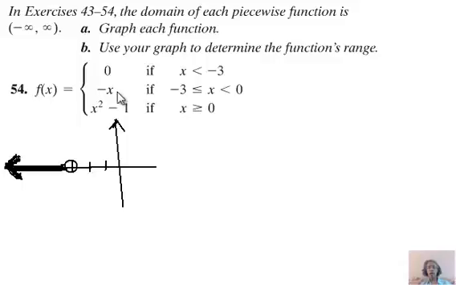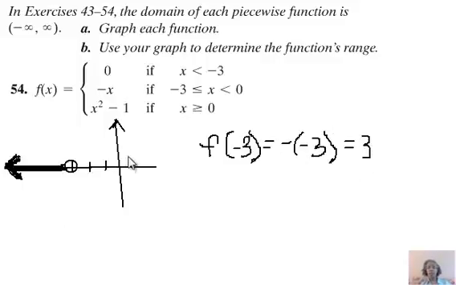Now, I use f of x equal -x if x is between -3 and 0, including -3. So whenever these endpoints are given for these intervals that tell me where to switch to another function, I have to find the value of the function at the endpoints. So f of -3 will be -(-3), which is 3.